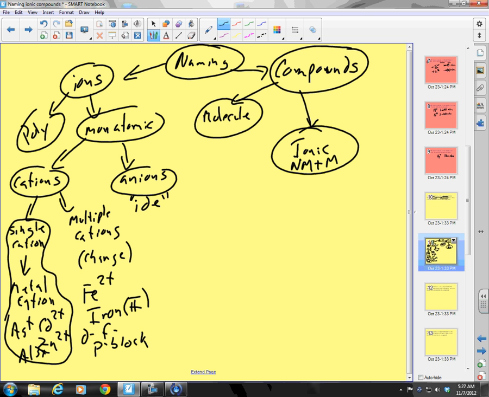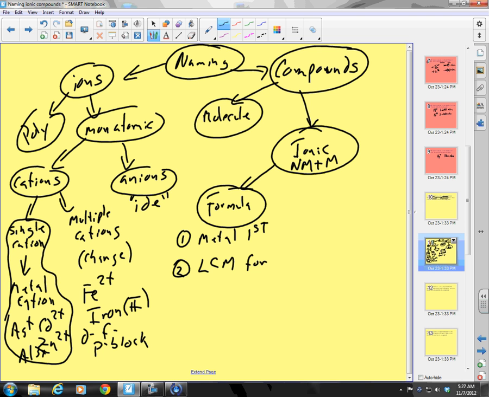Okay, first of all, let's talk about writing our formula. How do we write the formula? Well, first thing is the metal comes first. So we have a metal first. All right. And that would mean my nonmetal is second. Secondly, we have to look at the charges on our cation and anion, and we want to find a least common multiple for the charges.